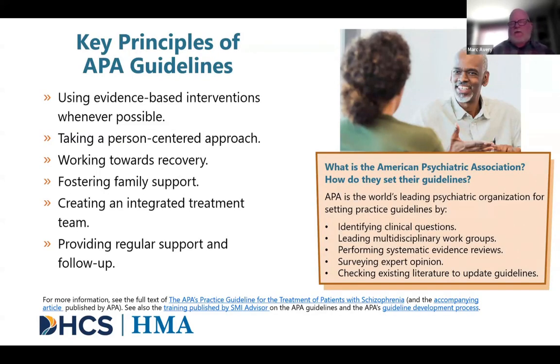So these guidelines have been in development for well over 20 years now. They're developed, as mentioned, by the American Psychiatric Association, a leading national behavioral health organization who has really helped out over the last 20 years in many ways, but one of the ways is in creating these guidelines.